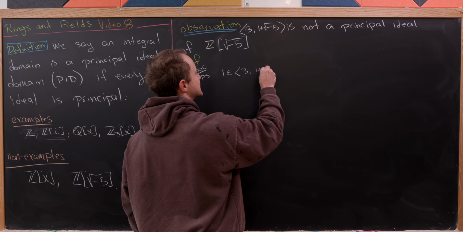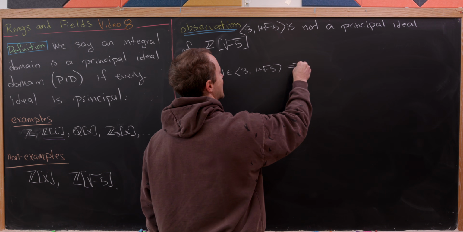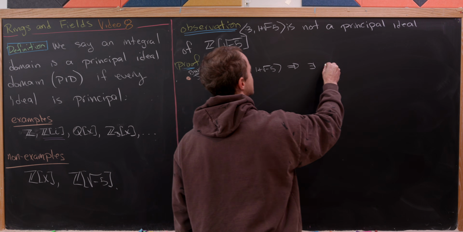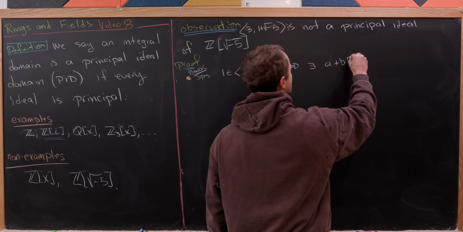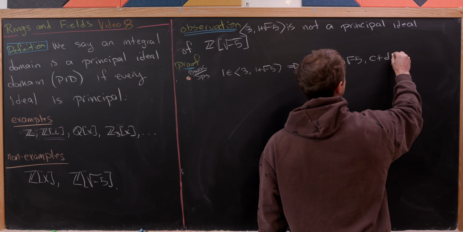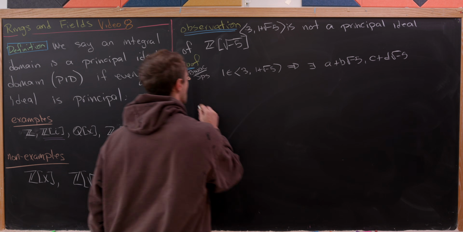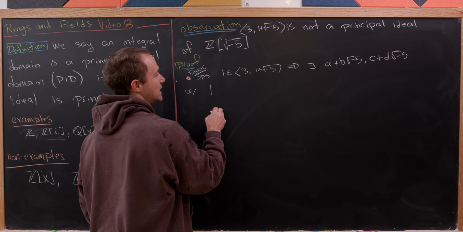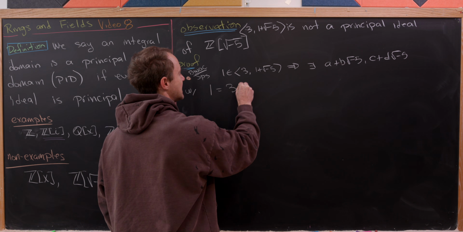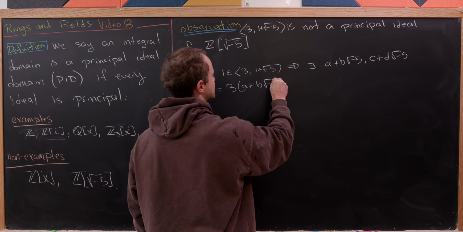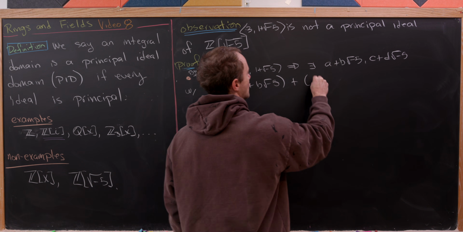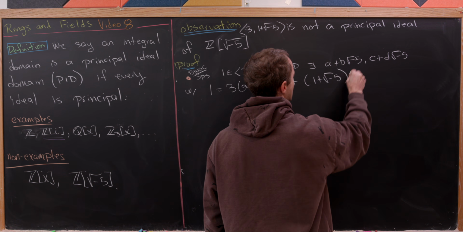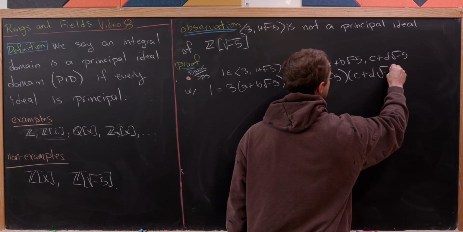So by way of contradiction, let's suppose that 1 is an element of this ideal. But that tells us that there exist a plus b root minus 5 and c plus d root minus 5 with 1 equal to 3 times a plus b root minus 5, plus 1 plus root minus 5 times c plus d root minus 5.